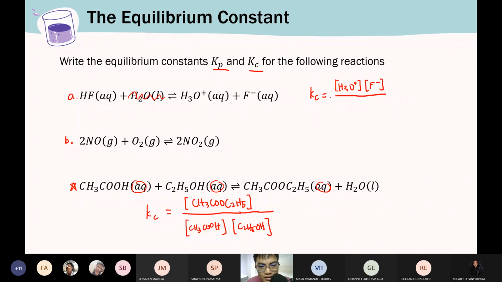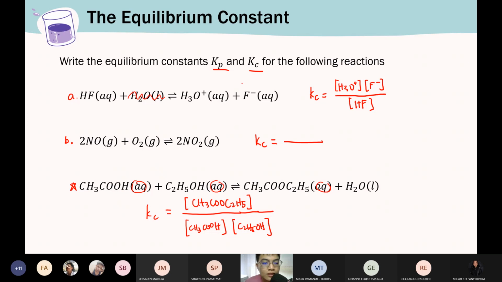But for the reactant side, I have HF lang. So, that's the answer. Okay, very simple lang na. Next one. For letter B, all of them are in gas phase. And as I said, if they are in the gaseous phase, you have both Kp and Kc. So, lagay mo Kc muna. Okay? Gawin ka muna Kc.